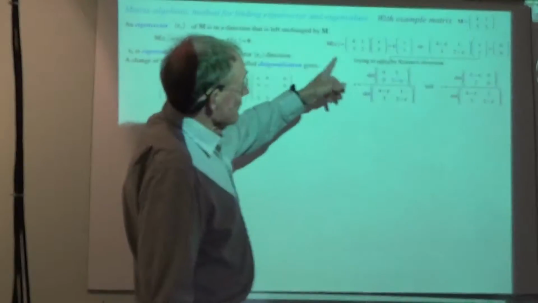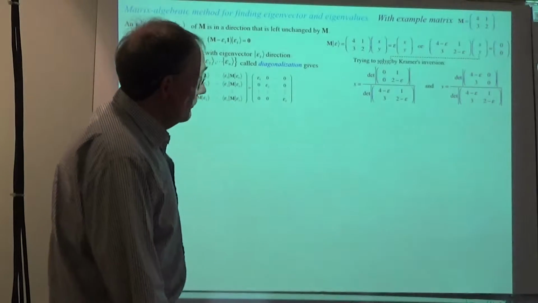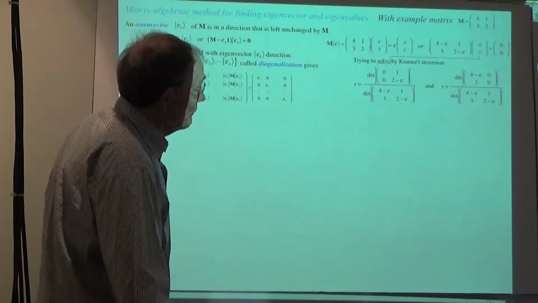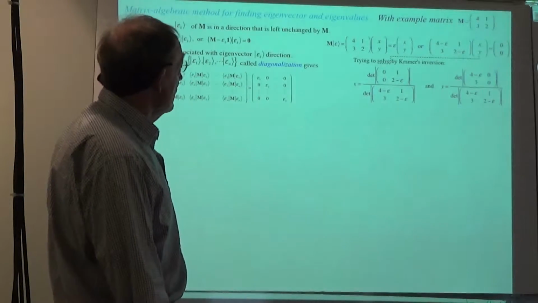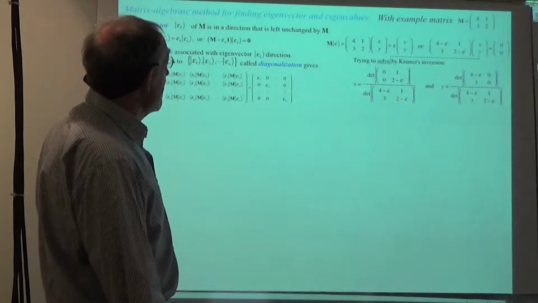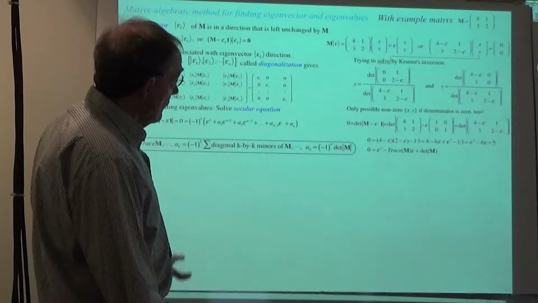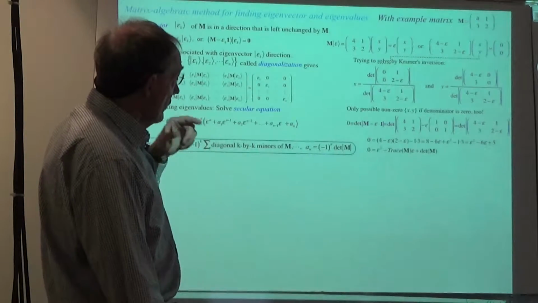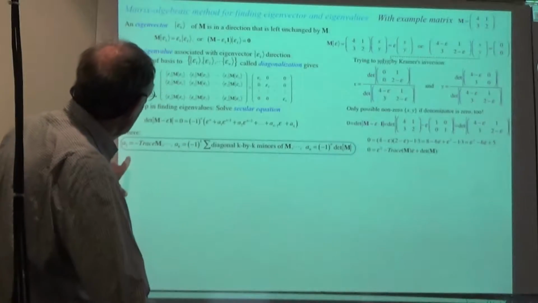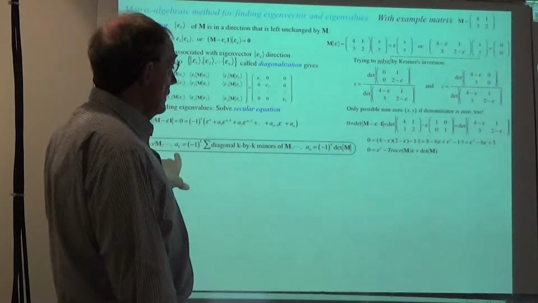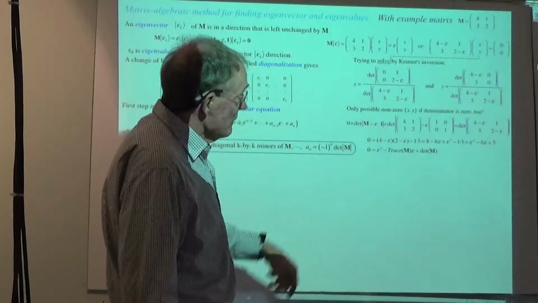Now the algebraic procedure: we talked about how you needed to have a secular equation, and simply solving this by Cramer's inversion yields you the null and trivial solution to an eigenvector equation. And we also at the very end began to discuss the application of the secular equation.